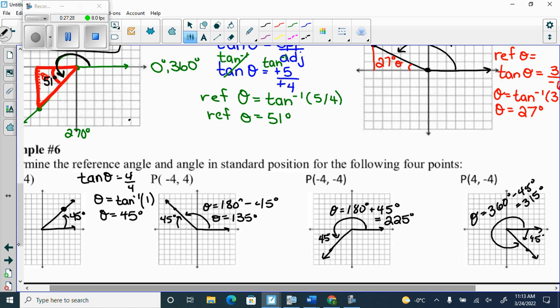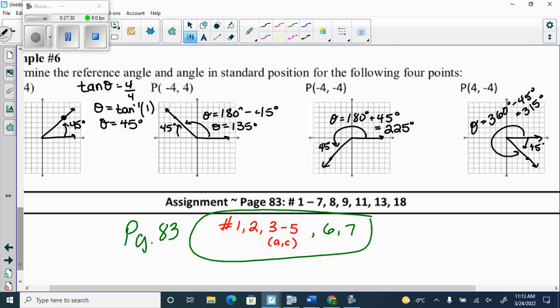Okay, your homework. It's on page 83. That's the homework from yesterday.